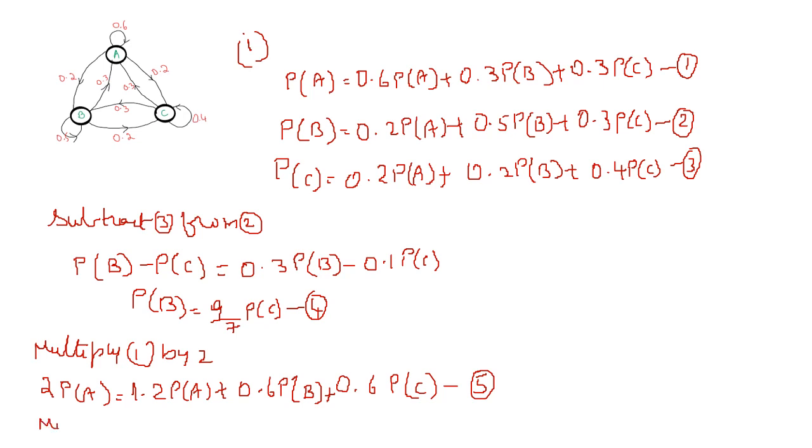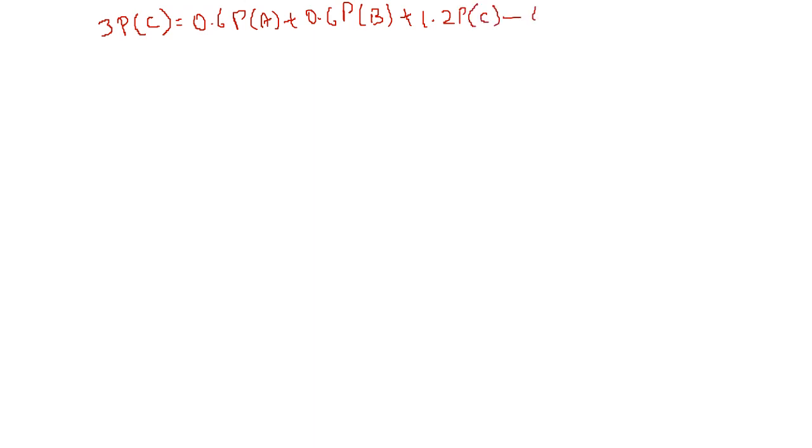Next, we'll multiply equation number 2 by 3. After multiplication we get 3 times P of C is equal to 0.6 times P of A plus 0.6 times P of B plus 1.2 times P of C. Let this be equation number 6.